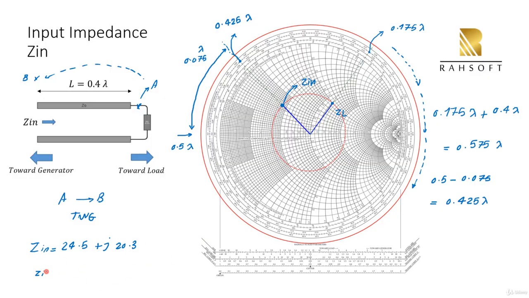The normalized value is 0.49 plus j0.406, something. So this is going to be my Z, and this is normalized, and this is basically going to be your real value. So I suggest you print a Smith chart paper and try it by yourself. You're going to learn it better.